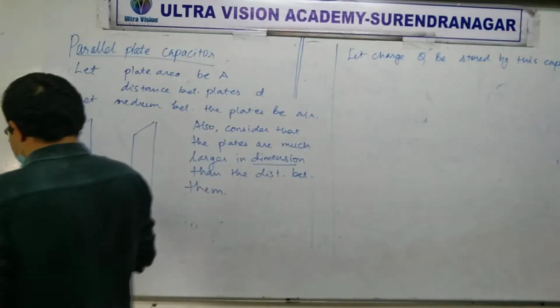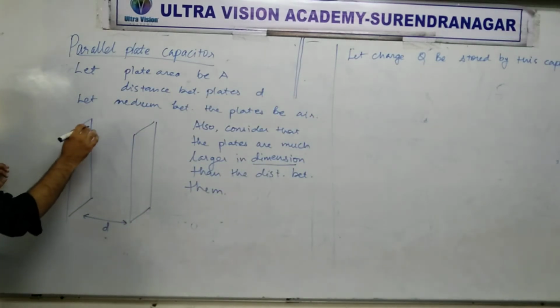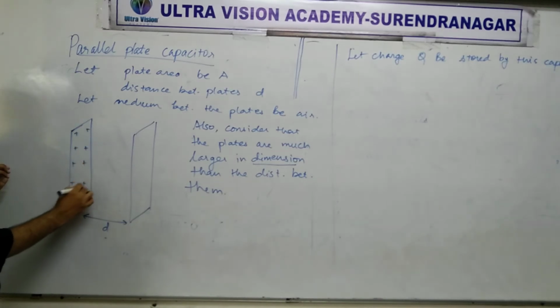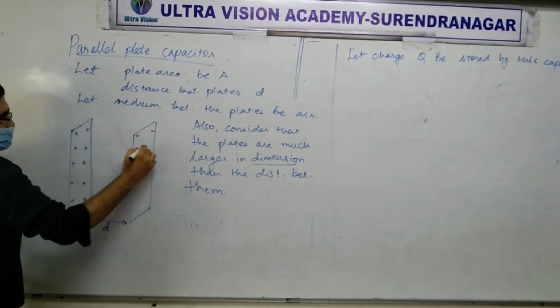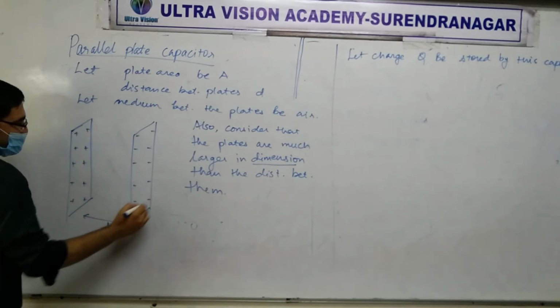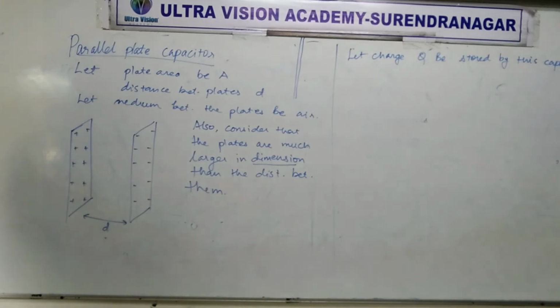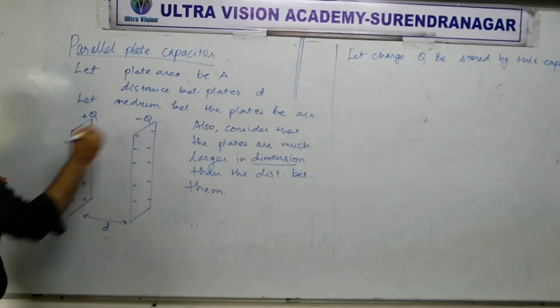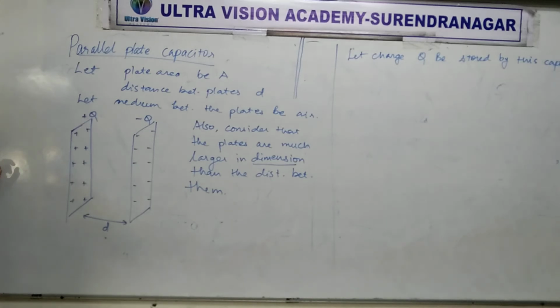So now we are going to get that charge. On this plate, suppose positive, the left side plate is positive, the right side plate negative. Here plus Q, here minus Q. Did you understand the meaning of those two?